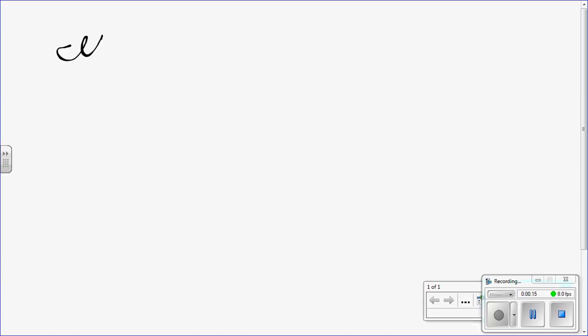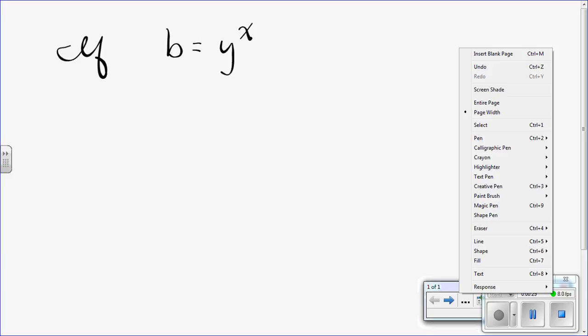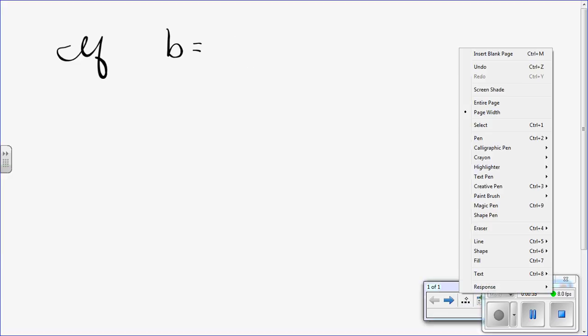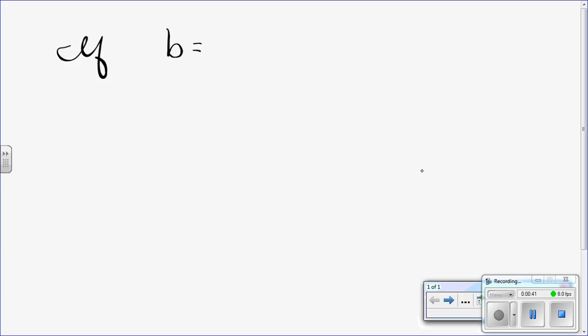Alright, so if b to the y equals x, okay, so that's an exponential function, right?